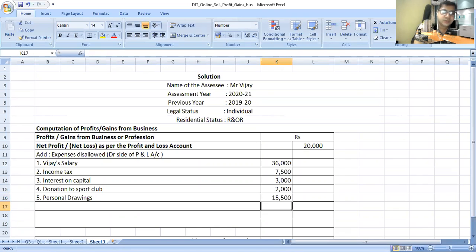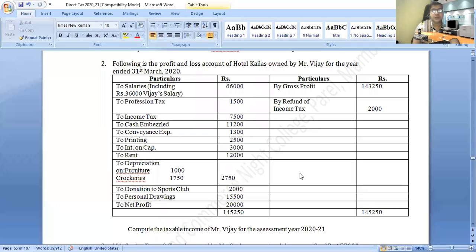So friends, all debit side items we have discussed. Now we have to move to the credit side. On the credit side, gross profit is not an item. Refund of income tax 2000.